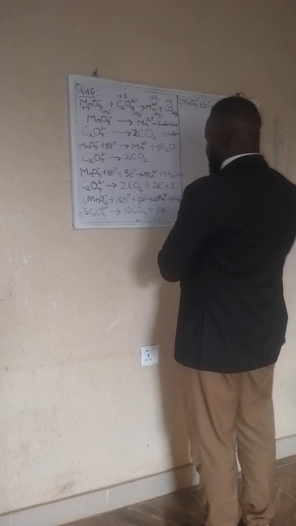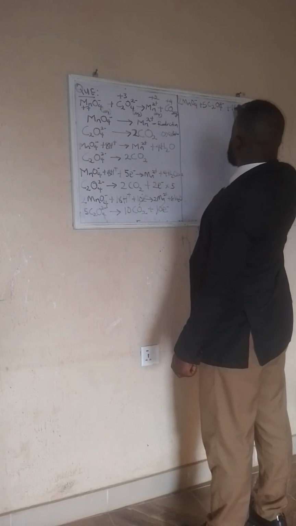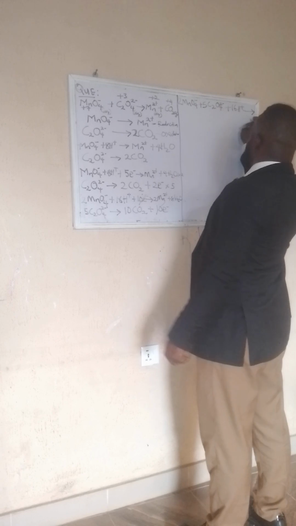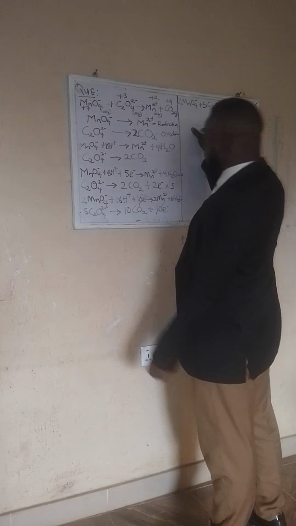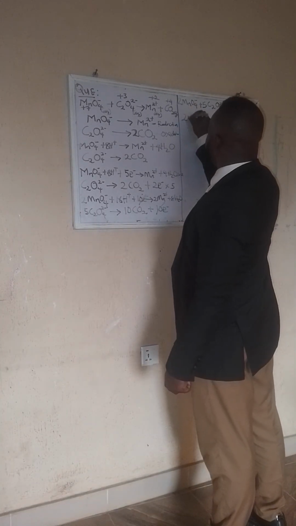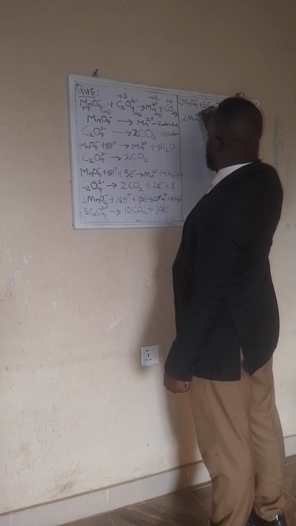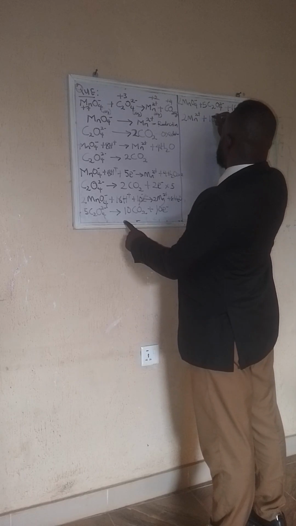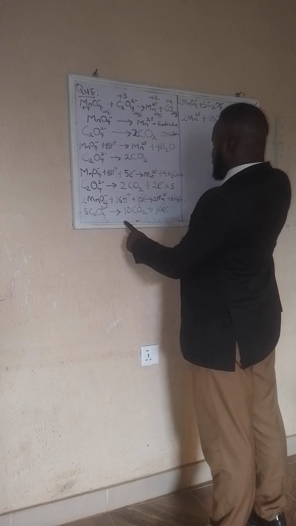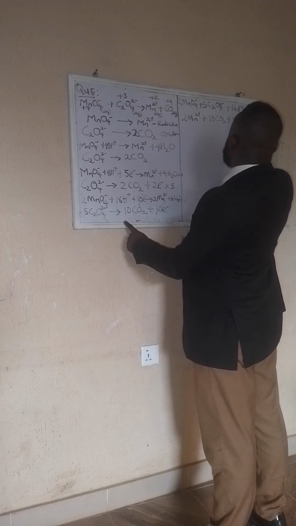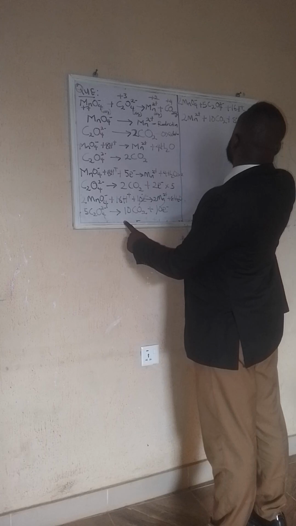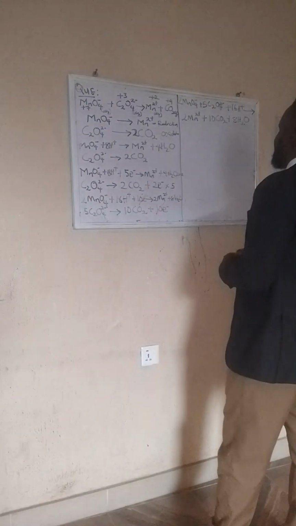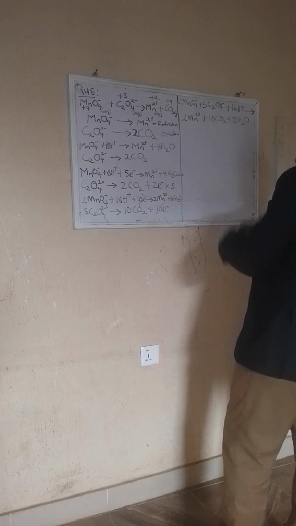Hydrogen is only on this side, plus 16H plus, all to give, now this arrow, sorry the board is limited here. So this is the product side I'm about to write now. To give 2Mn2 plus, plus 10CO2 plus 8H2O.